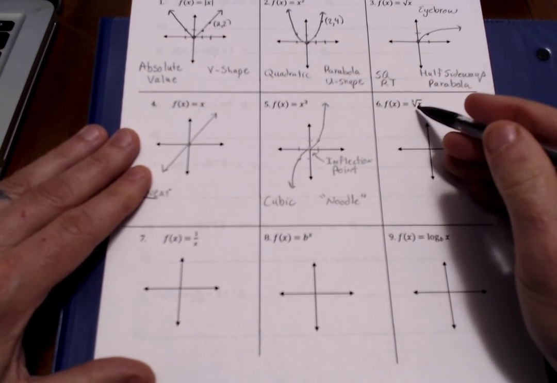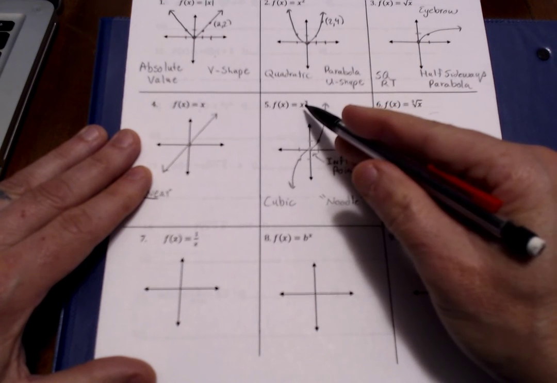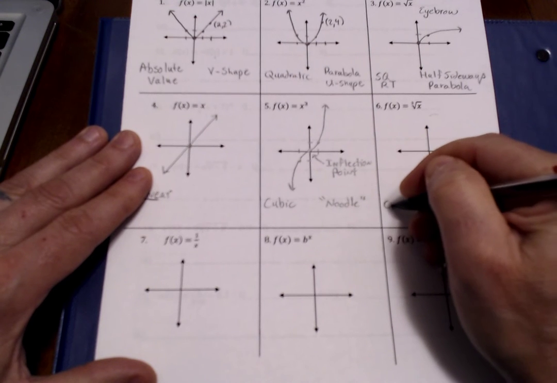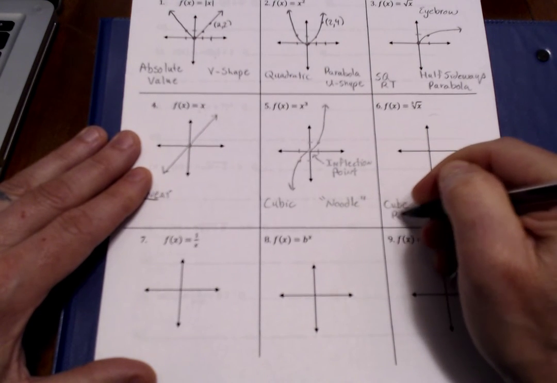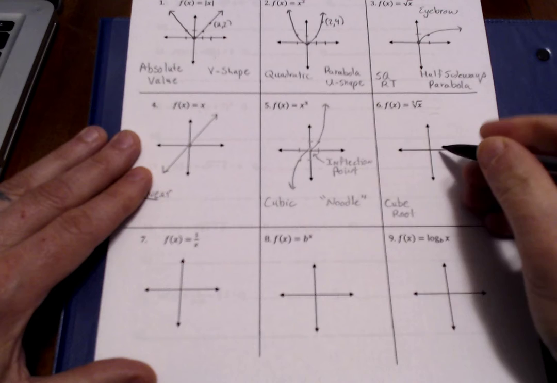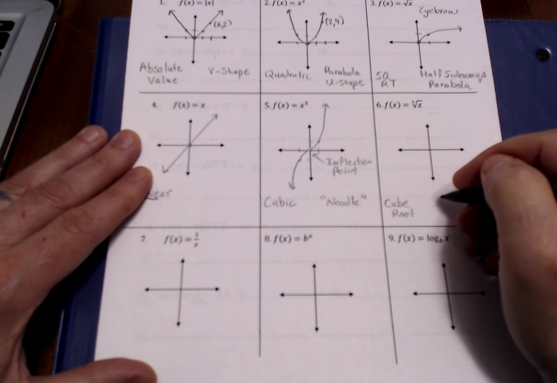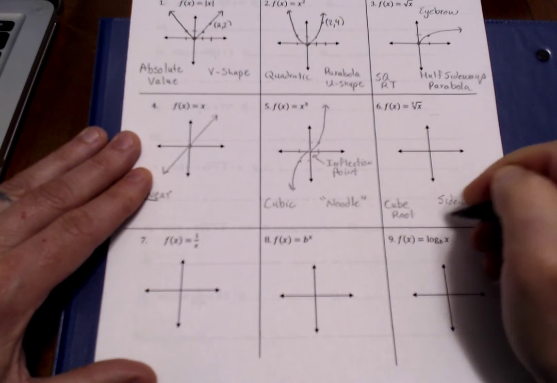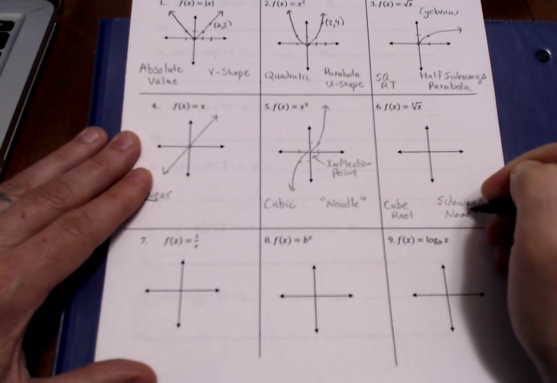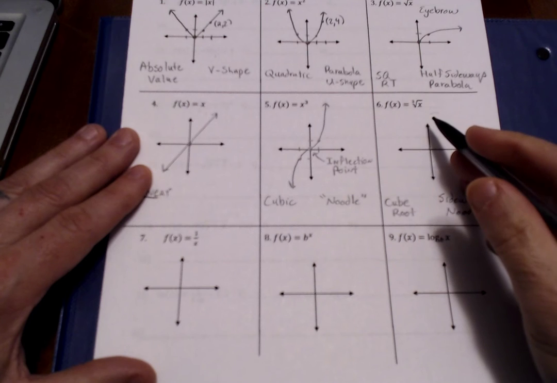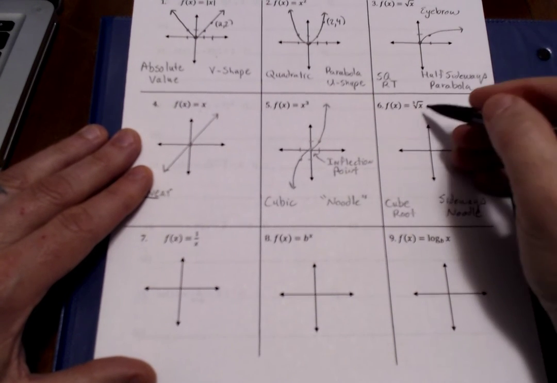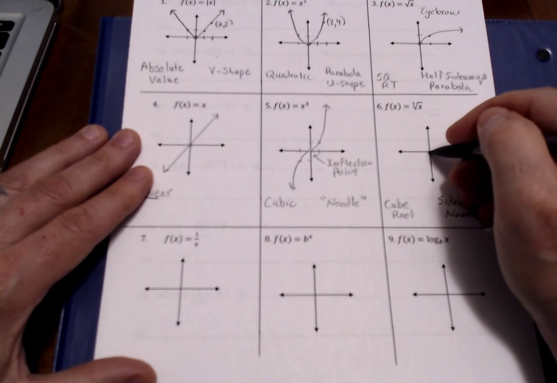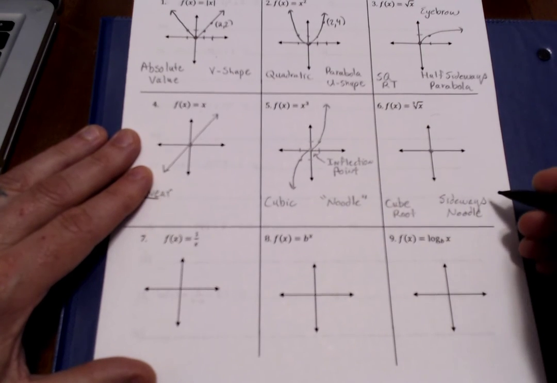All right, next guy is the inverse of x cubed, cube root of x. Cube root. Its shape was a sideways noodle, not half a sideways noodle. We'll look at that in a moment and think about why that is. It doesn't have a vertex. Just like this noodle, it has an inflection point at the origin.